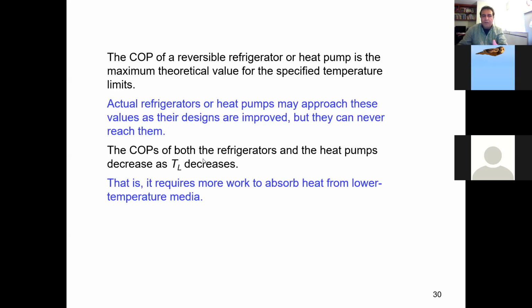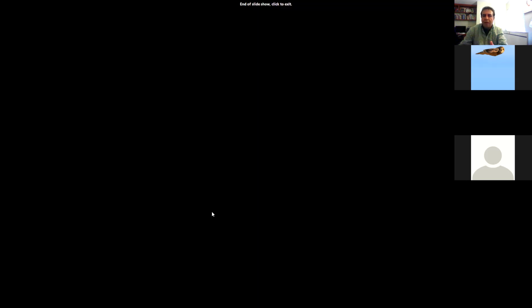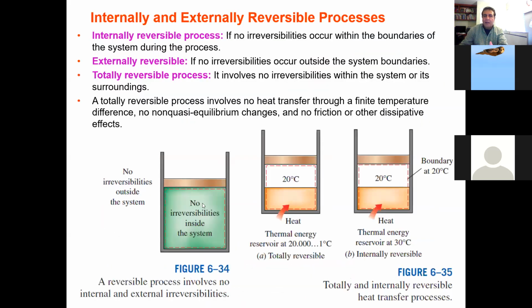The coefficient of performance of both refrigerators and heat pumps decreases as the temperature decreases. That is, it requires more work to absorb heat from a lower temperature medium. Okay, so that's the end of it.